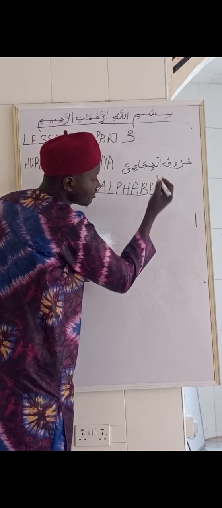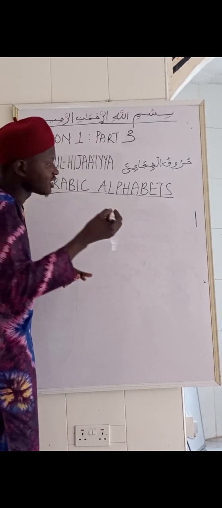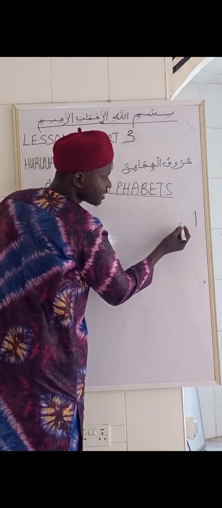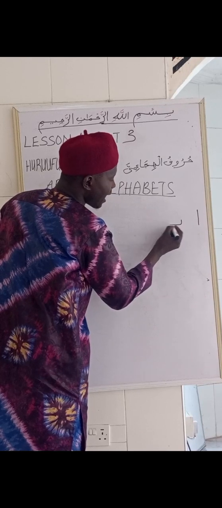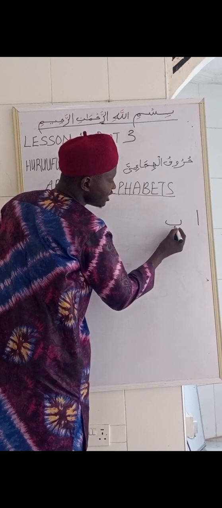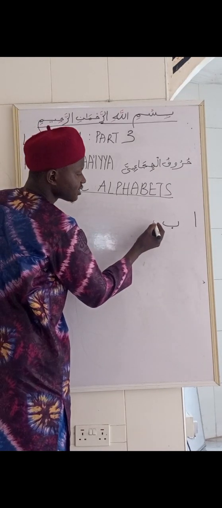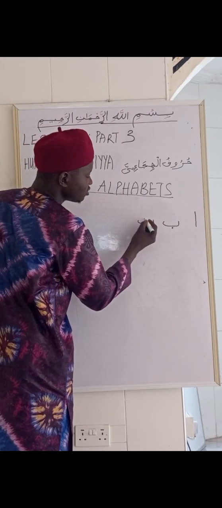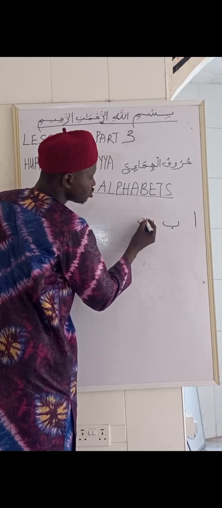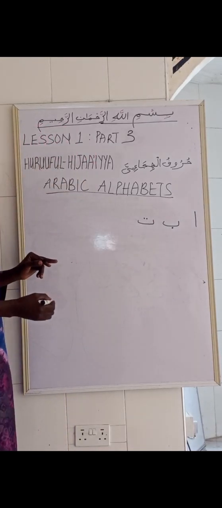Alif. As you are saying it, I'm going to be writing. What's the next alphabet? Good. Ba, with a single dot beneath. The next one is what? Ta, good, with 2 dots. The next one?